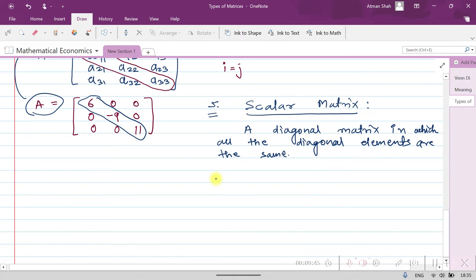So see this, suppose we have matrix A which is equal to 6, 0, 0, 0, 6, 0, 0, 0, 6. All diagonal elements are same, and therefore matrix A is known as scalar matrix.